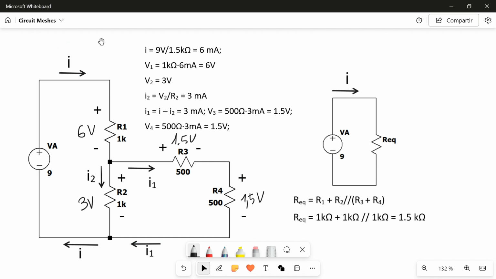I can write this here now to be clear. 6 milliampere flows into this resistor and produces this voltage drop, then splits into 3 milliampere here and 3 milliampere here, and produces here 3 volt and 1.5 volt, which sum up to 3. So the whole circuit is coherent, and we can check that this is correct.